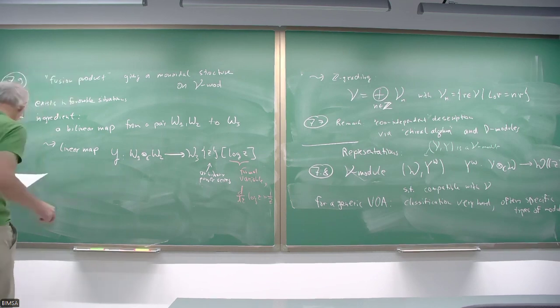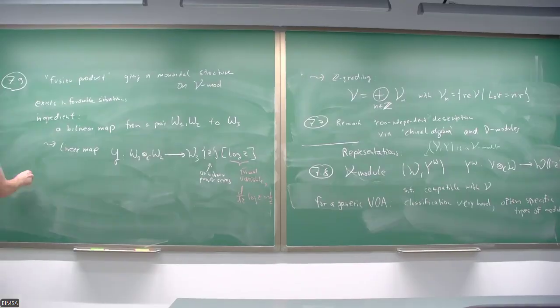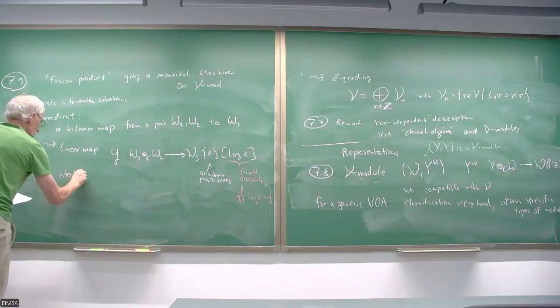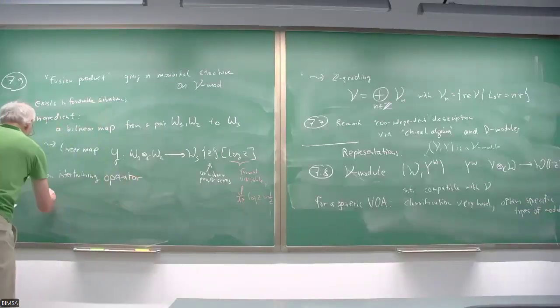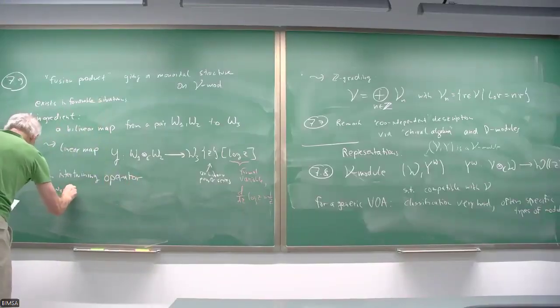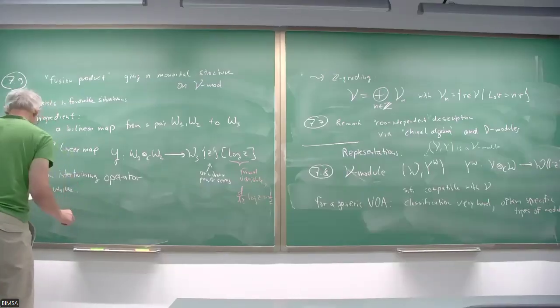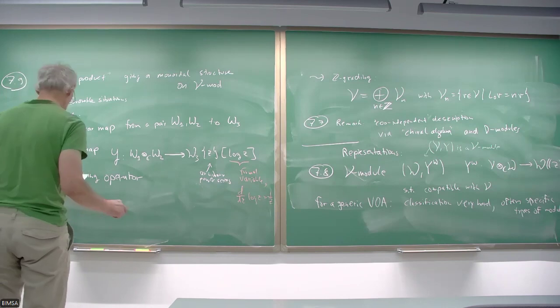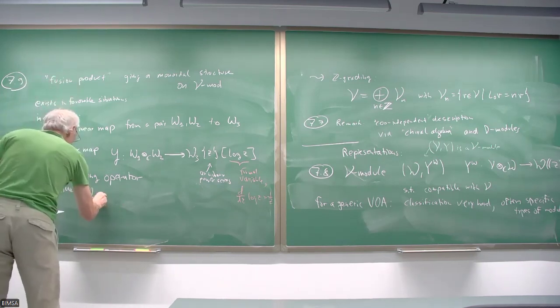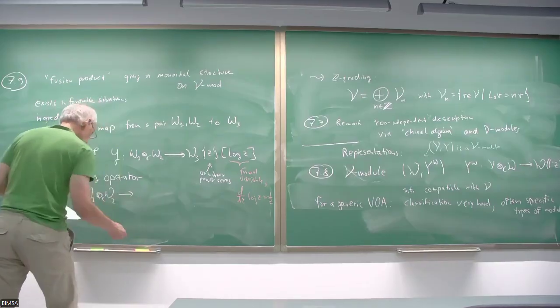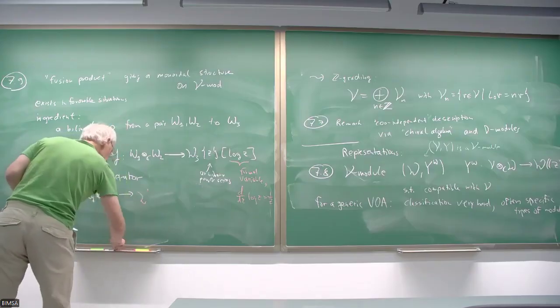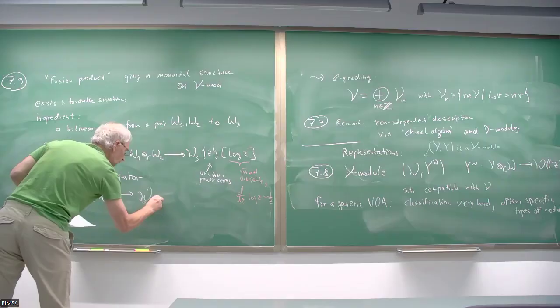So if we have something there, then we get an intertwining operator from W1 tensor over C W2 to what we will then call W1 tensor over V W2.